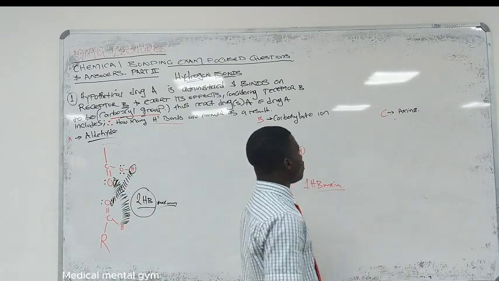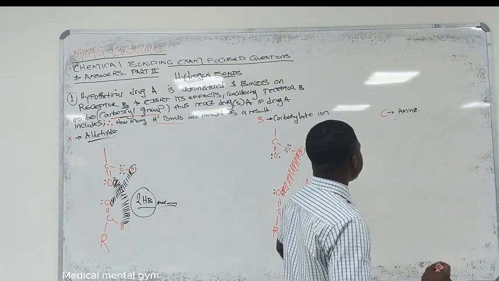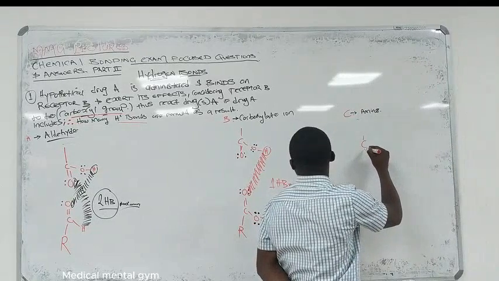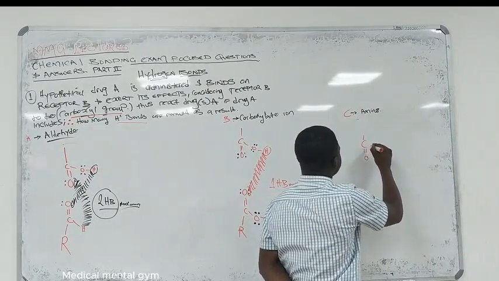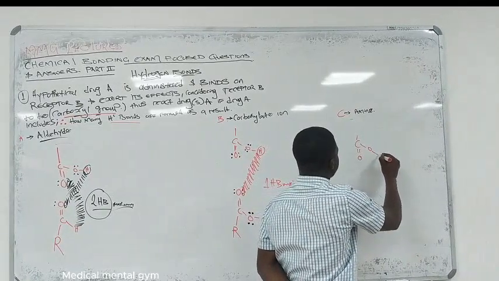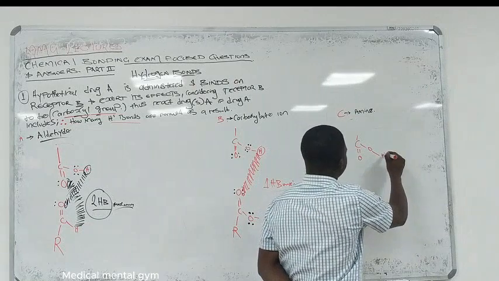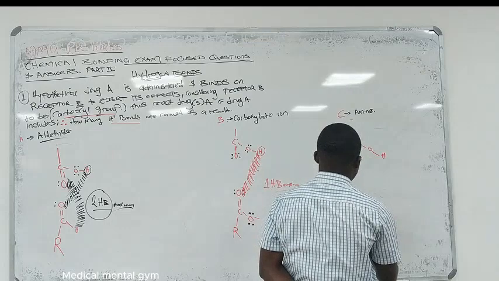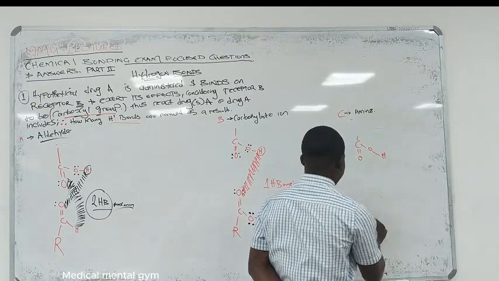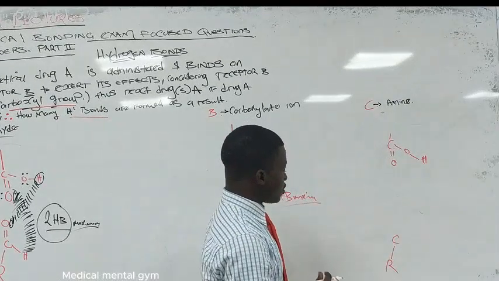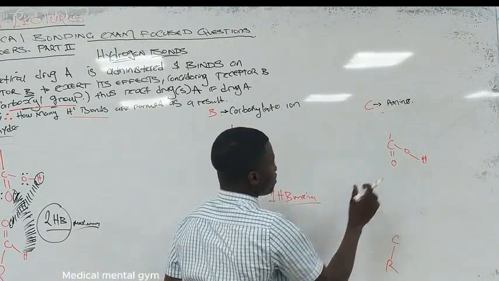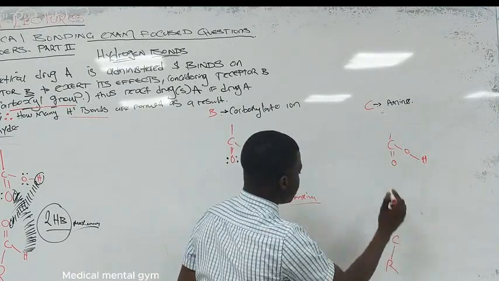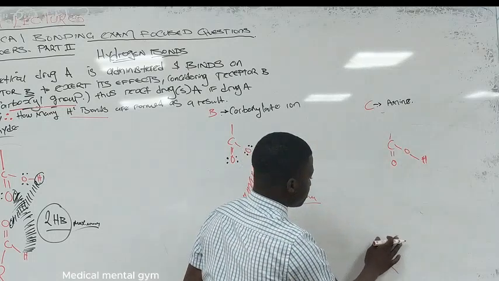Let's go to our final drug, which is the amine. As usual, let's draw our receptor subtype, which is the carboxyl group. And we have our drug. Okay. So this is our receptor, which is the carboxyl group, and our drug, which is an amine.